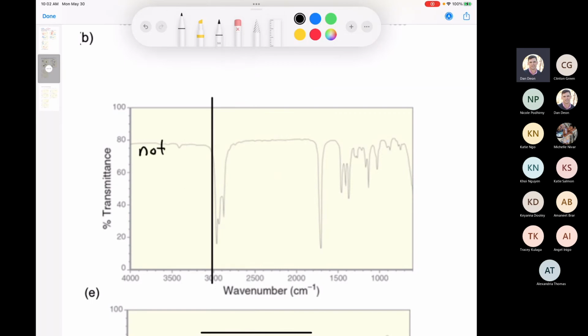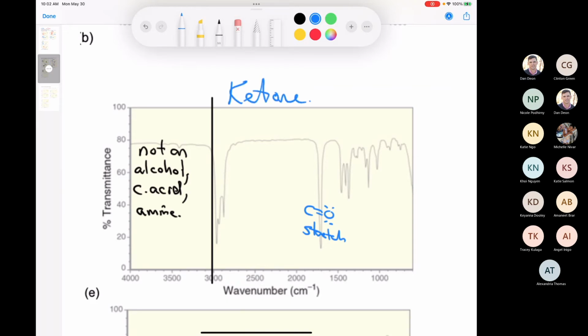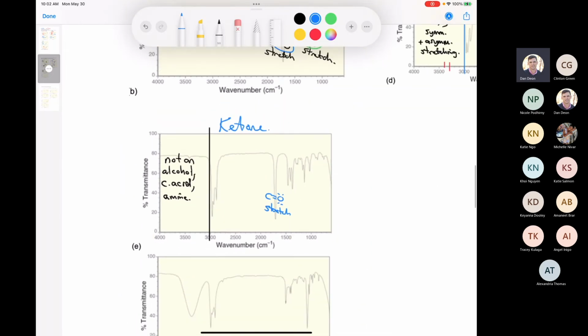So not an alcohol. It's not a carboxylic acid. It's not an amine. It's none of those things. But we do see the carbon-oxygen double bond stretch. So this is a ketone. There we go. A ketone.